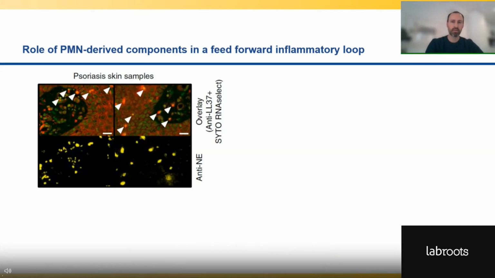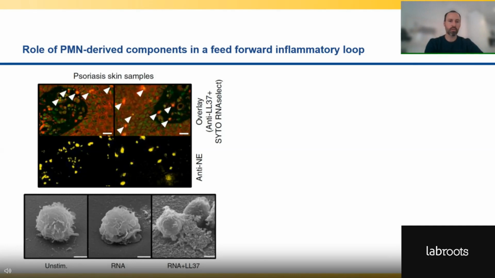However, we were interested in understanding what was the source of LL37 and RNA in psoriasis inflammation. Our collaborators found that, looking at human psoriasis skin samples, neutrophils were associated with the LL37 and RNA in the skin.